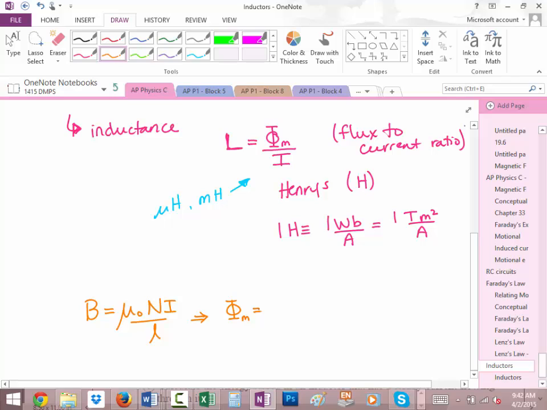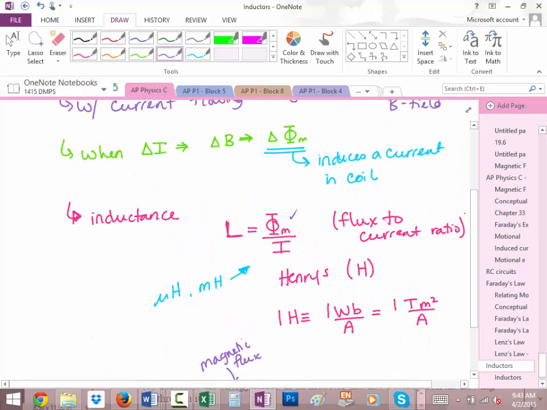This is flux, right? Welcome to magnetic flux. Yes, it's AB. I wrote it up here earlier.